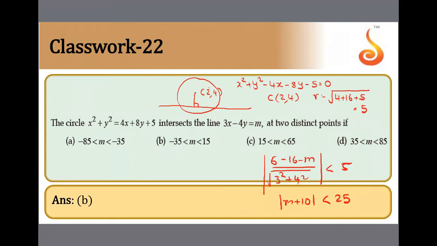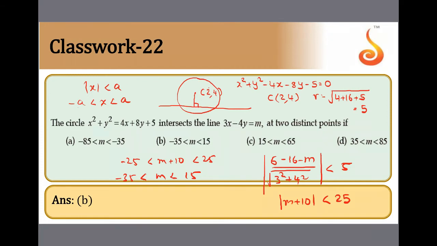So what is the concept? Mod x is less than a means x lies between minus a and plus a. So what we get? m plus 10 lies between minus 25 to plus 25. So minus 35 is less than m is less than 15. Whenever mod x is less than a, x lies between minus a to plus a.